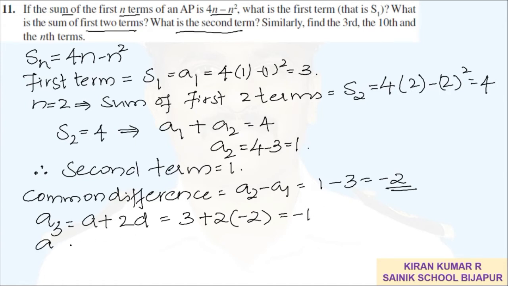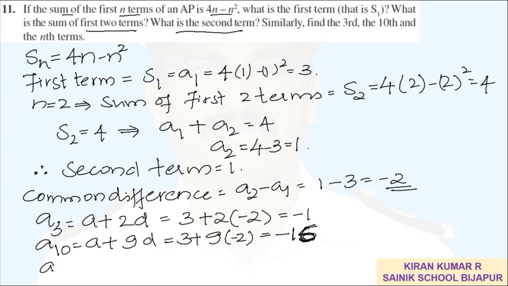They have asked the 10th term, so a plus 9d, this will be equal to 3 plus 9 times minus 2. We get it as negative 16. Is it negative 16? No, it is negative 15, because 18, subtract 3 from 18, we get 15.